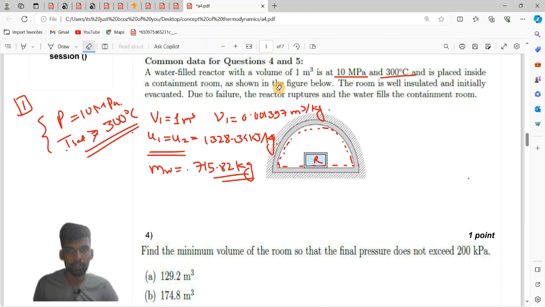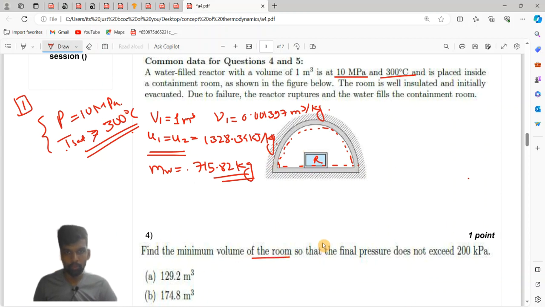Then, next thing is, I need to read the question in order to solve this. Find the minimum volume of the room.